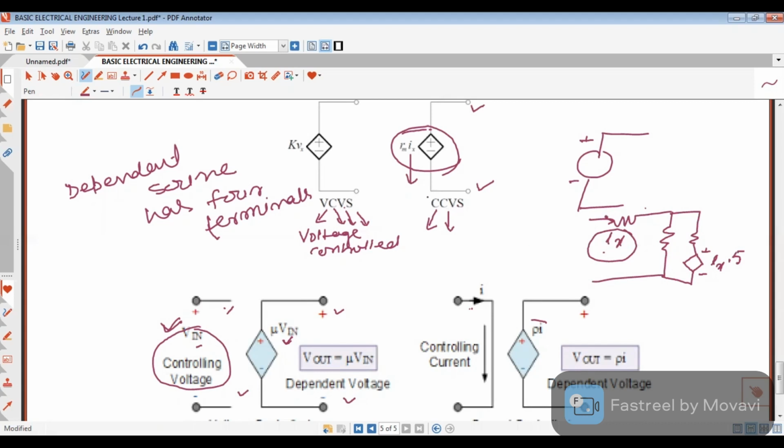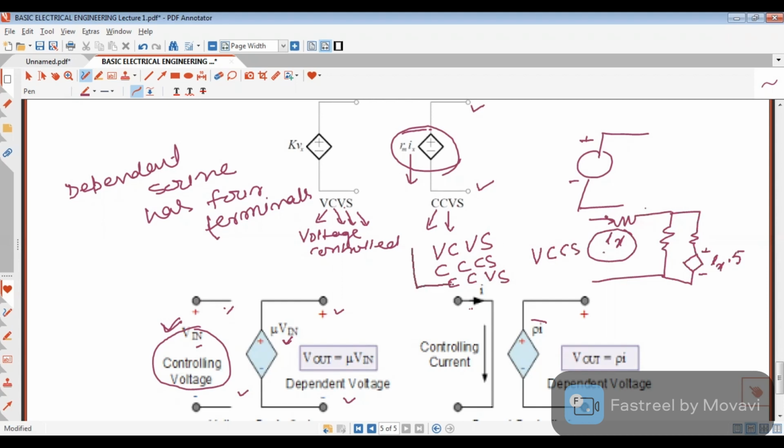In this way, there are four types of dependent sources: voltage controlled voltage source, current controlled current source, current controlled voltage source, and voltage controlled current source.